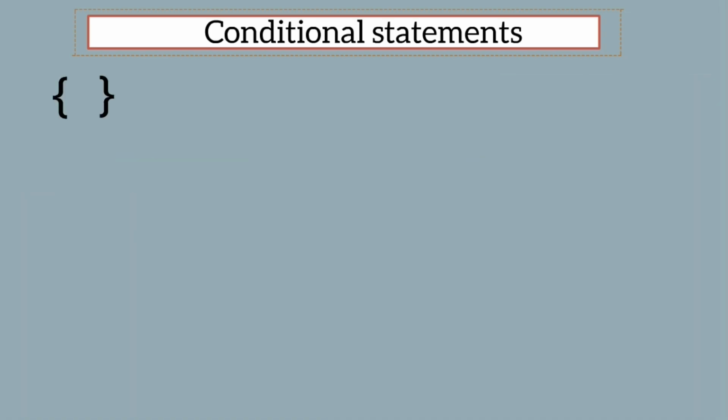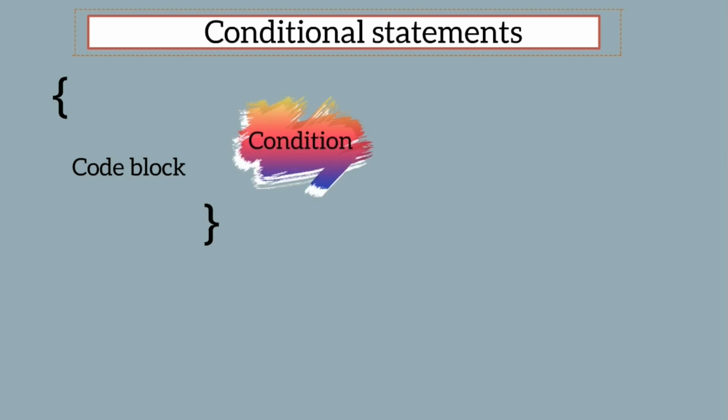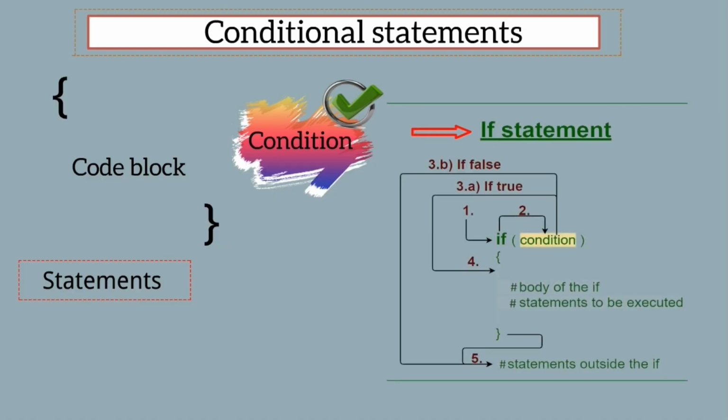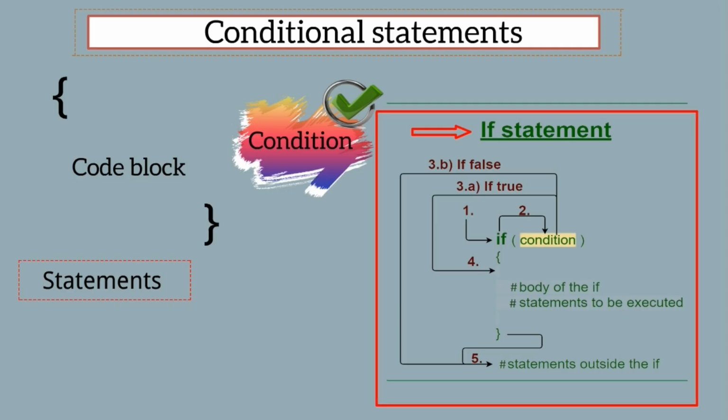These curly braces enclose the code block that will be executed if the condition is true. Any number of statements can be put inside the if block, but it should be noted that the code inside the if block is executed only if the condition inside the if statement is true.